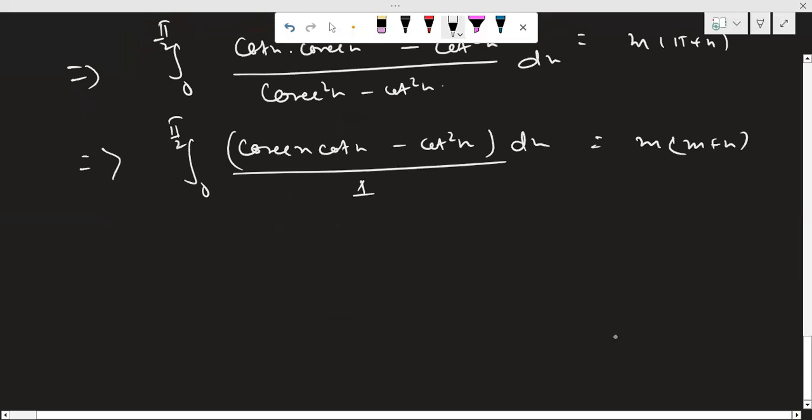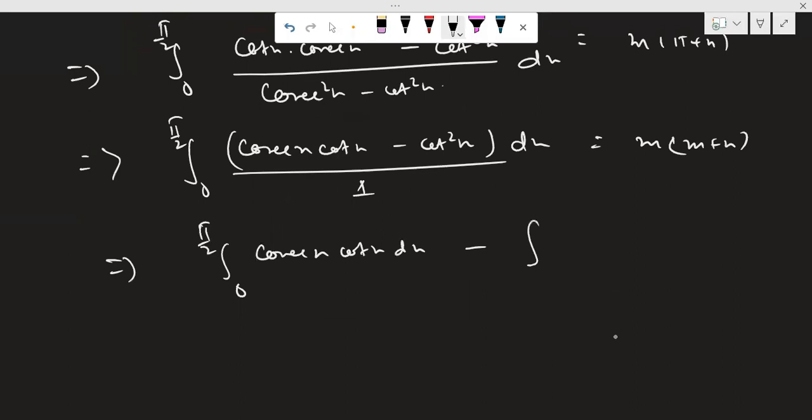So we can easily find the integration of that. 0 to pi over 2 cosec x cot x dx minus 0 to pi over 2 cot square x dx. And this equals m times pi plus n.